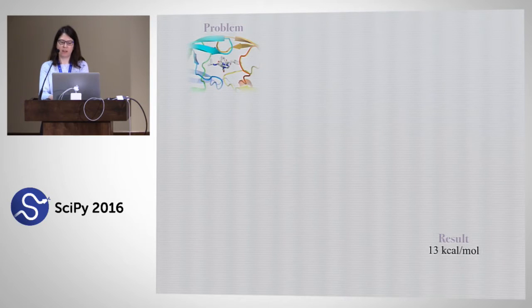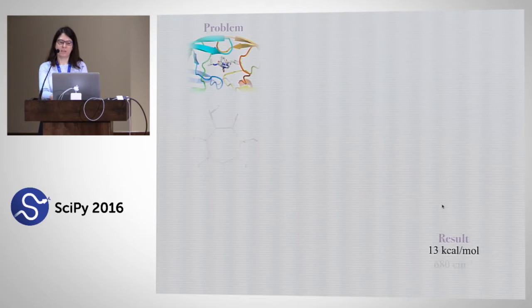Quantum chemistry is what you would do if you have a molecular system and you want accurate and directly physics-based answers about that system. For instance, if you have a drug, how well does it bind into a protein docking site? Answer, about 13 kcal per mole.